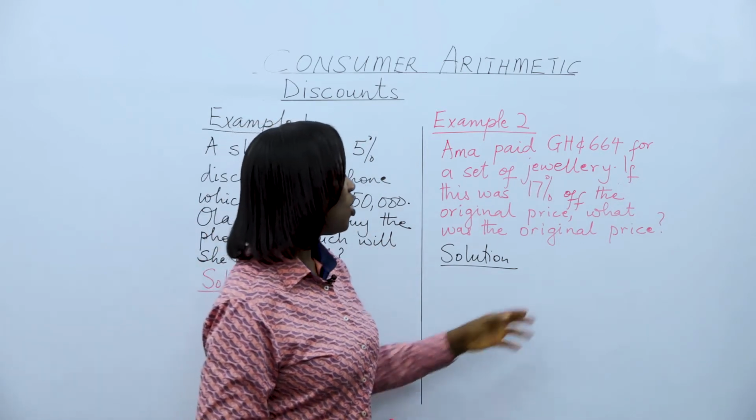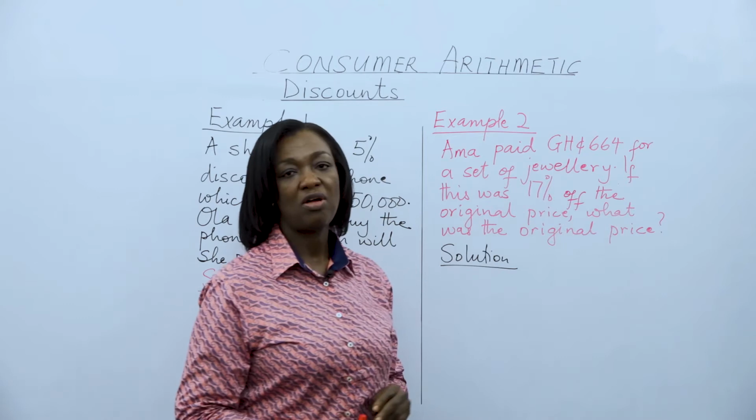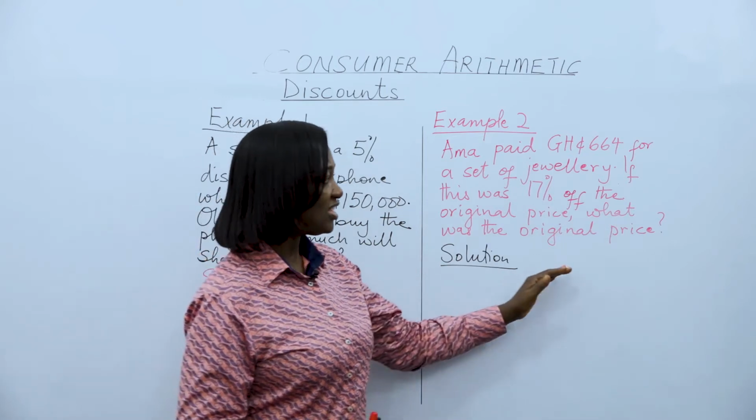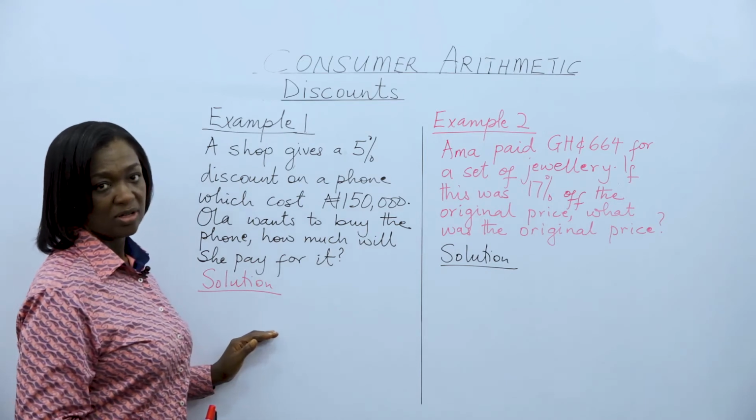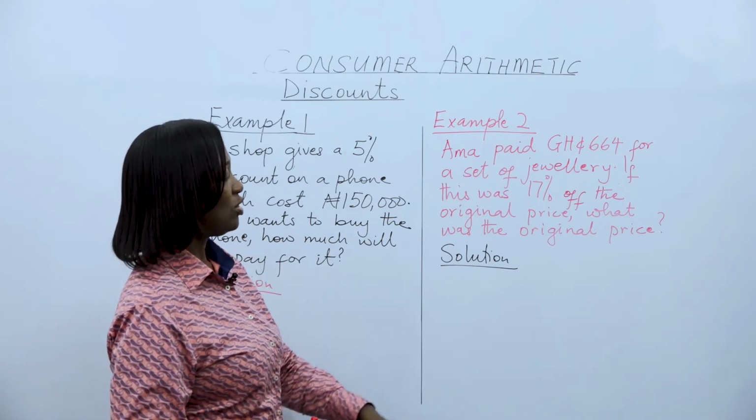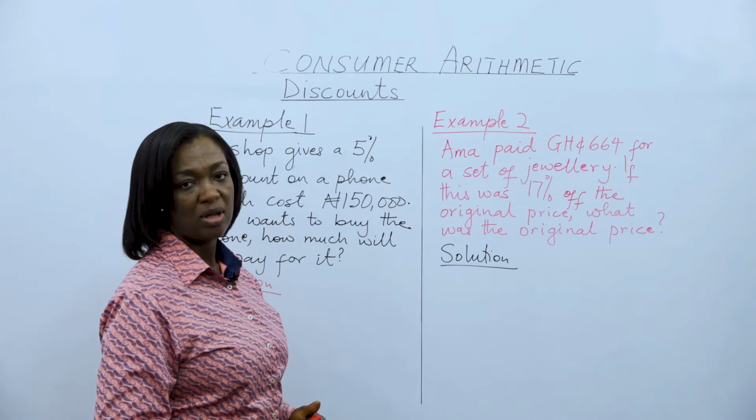The question is, what was the original price? This kind of question is quite different from the first one. How do you work that out? We'll do that when we get to example 2.